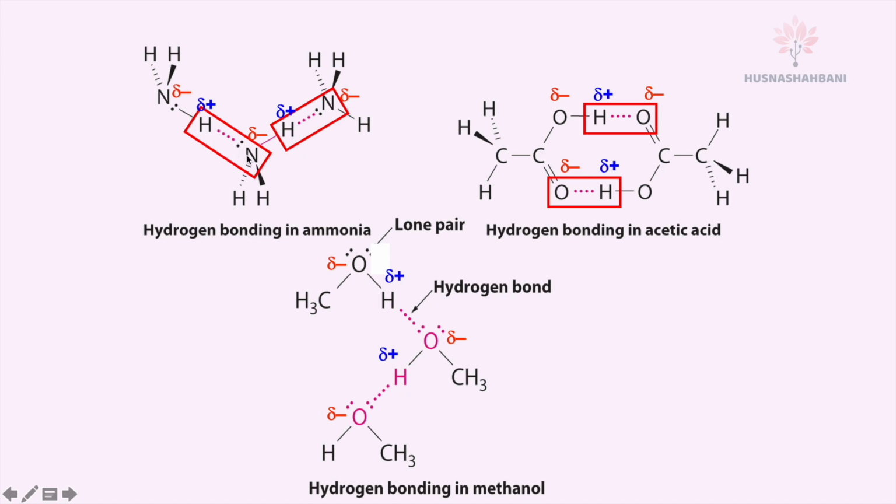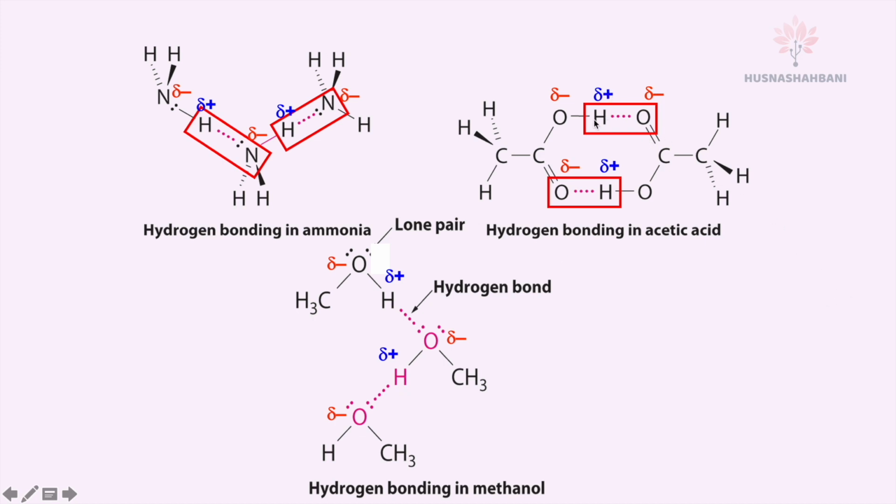The second condition, the nitrogen, oxygen or fluorine must have lone pair. Same goes for this one. The hydrogen bond is between that hydrogen and N, O or F. So this is the hydrogen bond.